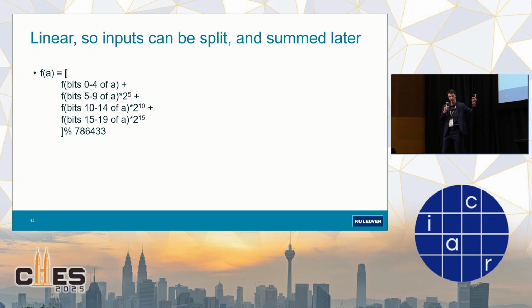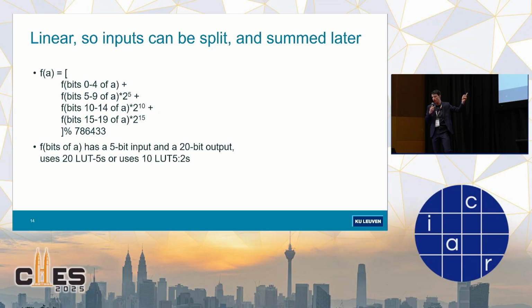Into smaller functions that take 5 bits each, for example, if you're doing this with 20 bits. And then you have 4 functions that take 5-bit inputs and 20-bit outputs, and then you sum them afterwards. The next thing to realize is that on an FPGA you have these things called lookup tables.